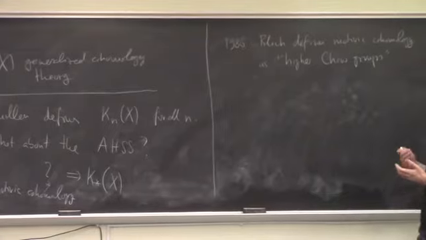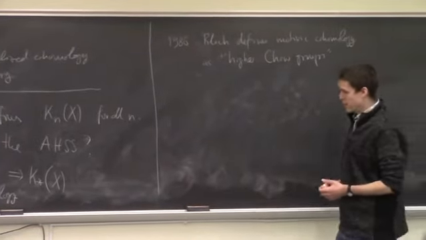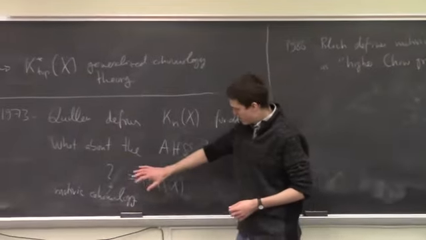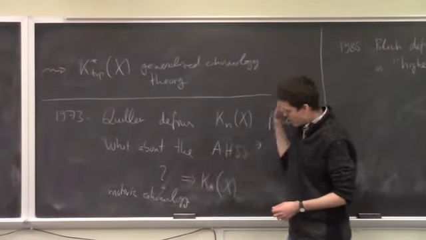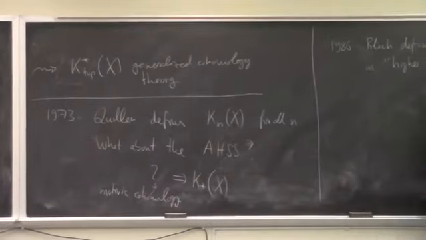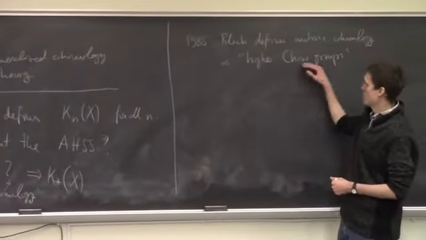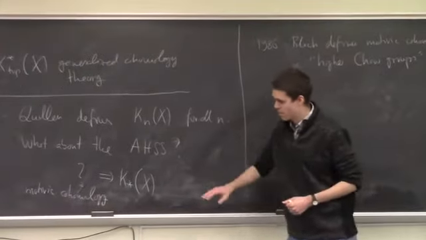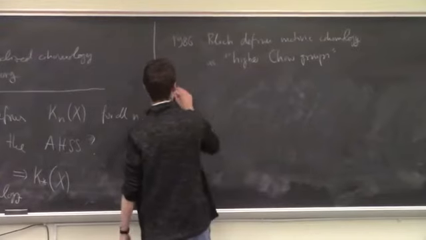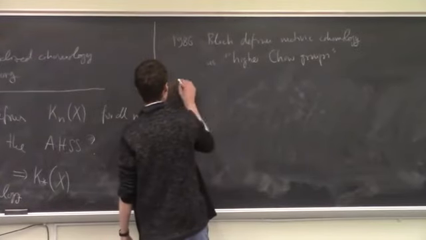And at the end of the 90s, basically, the work of many people finally proved it. So this Atiyah-Hirzebruch spectral sequence was constructed going from Bloch's higher Chow groups to higher algebraic K-theory. Let me give some names.